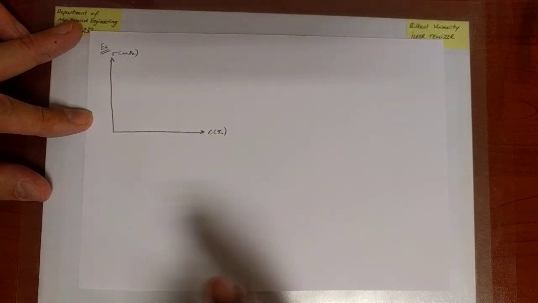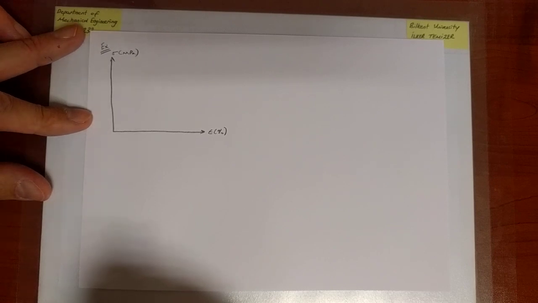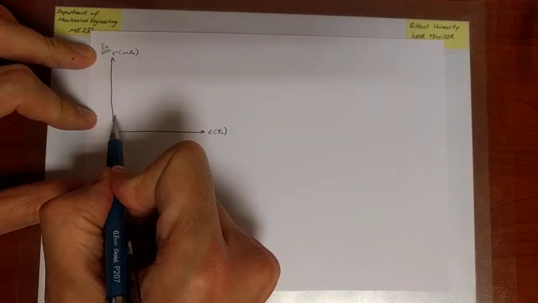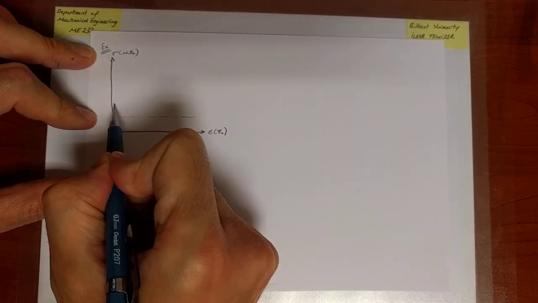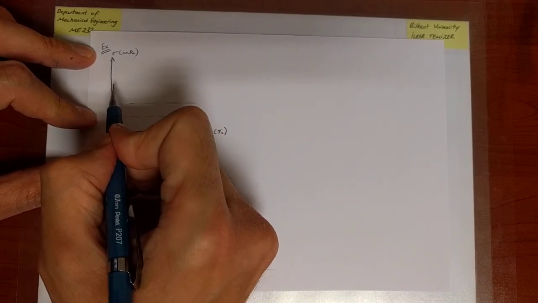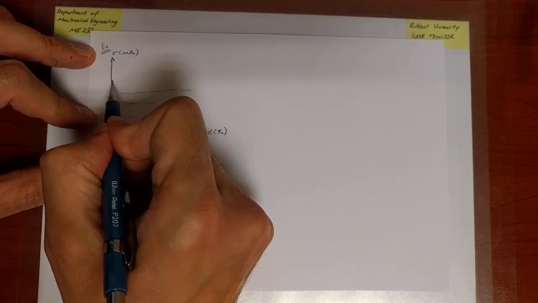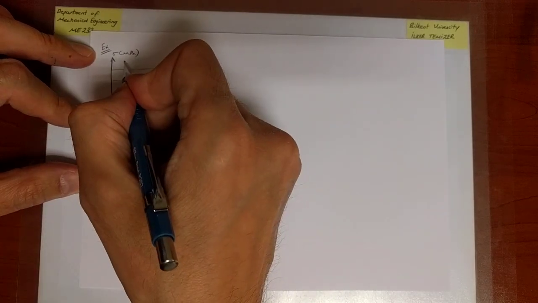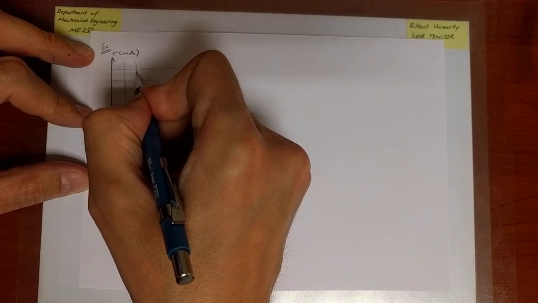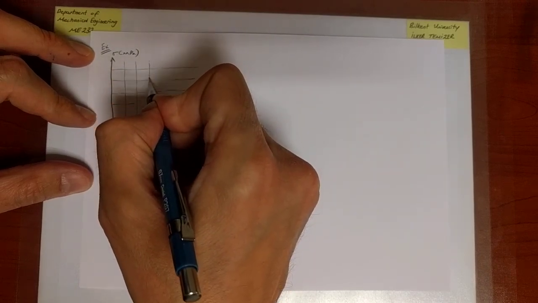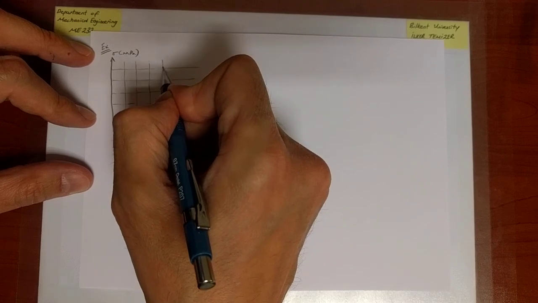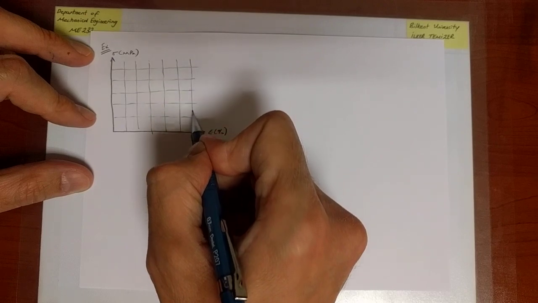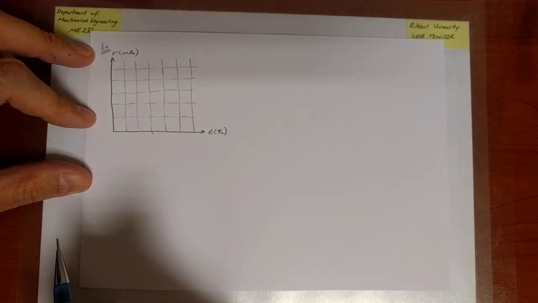Eventually in the model we have to put the actual value of the strain, and I do need some grid lines here to guide me through what I want to do. Grid lines are not perfect.